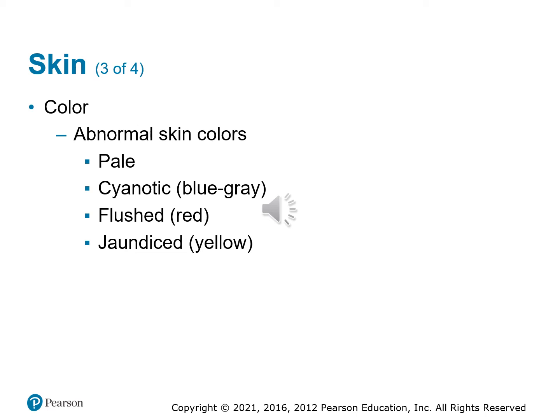Jaundice especially, you can see very easily in the whites of their eyes. It's common to see in babies, and you'll also see that in patients with liver issues. That's where you'll start seeing the yellow. But these abnormal colors are what you're looking for, and then based on other complaints and other assessment findings, you should be able to start narrowing down what's going on with the patient.